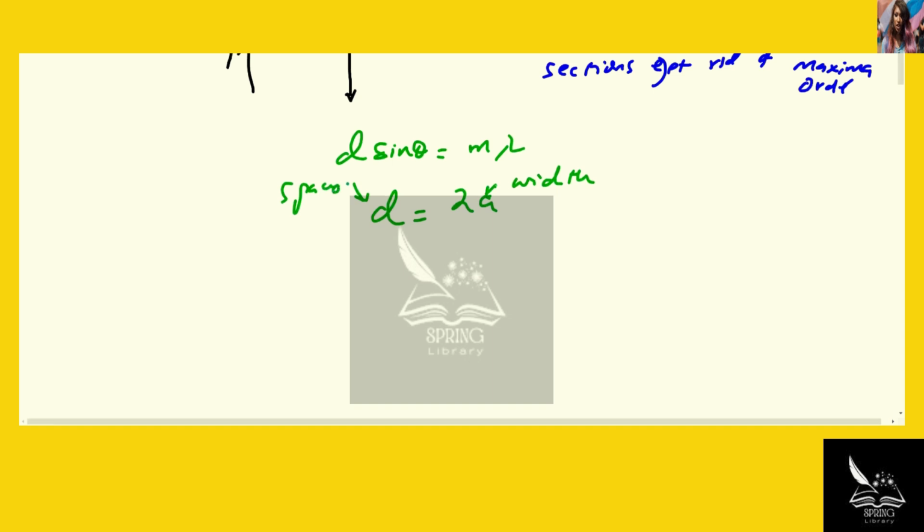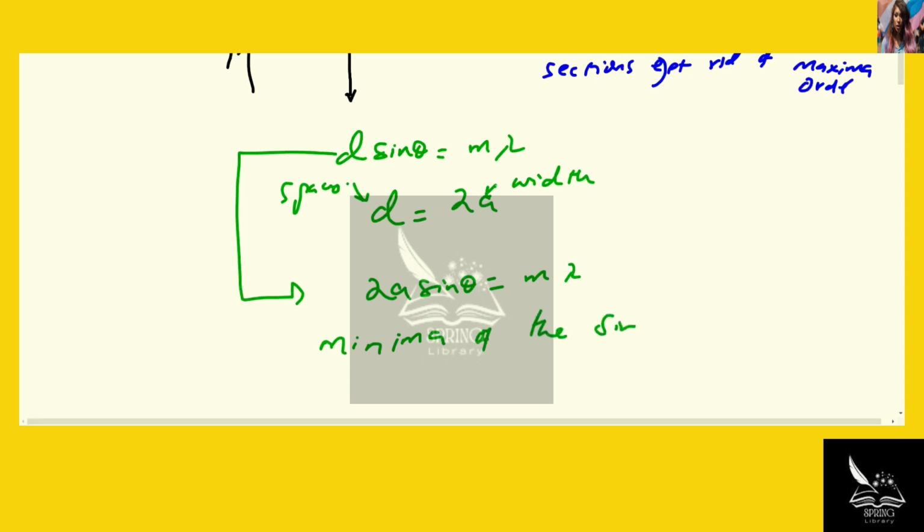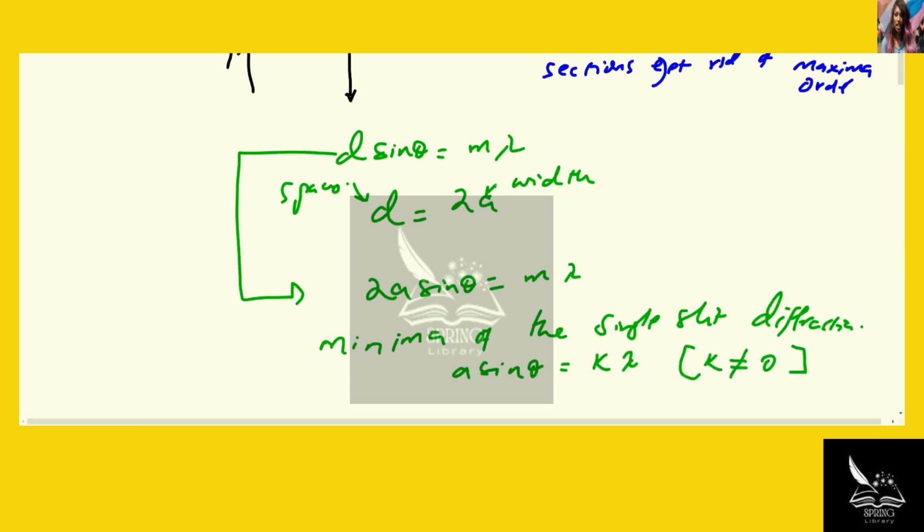So since D sine theta is m lambda, we can say 2a sine theta equals m lambda, and the minima of the single slit diffraction is going to be given by a sine theta equals k lambda, where we have an understanding that k as an integer is not equal to 0. That's part of the understanding in the problem.